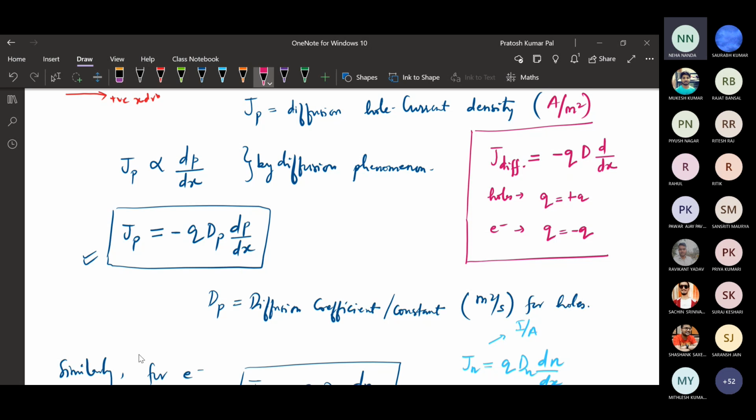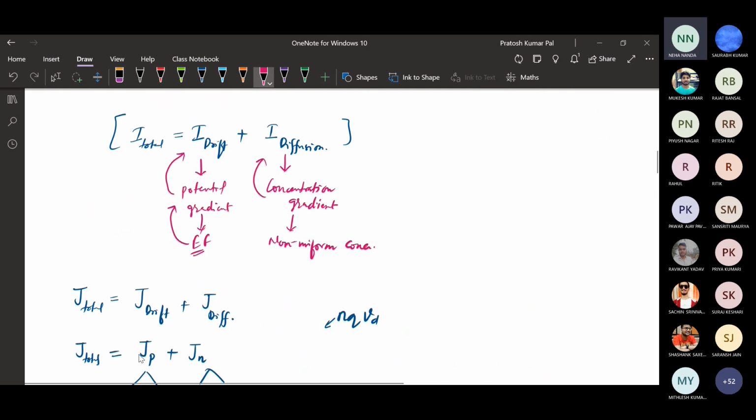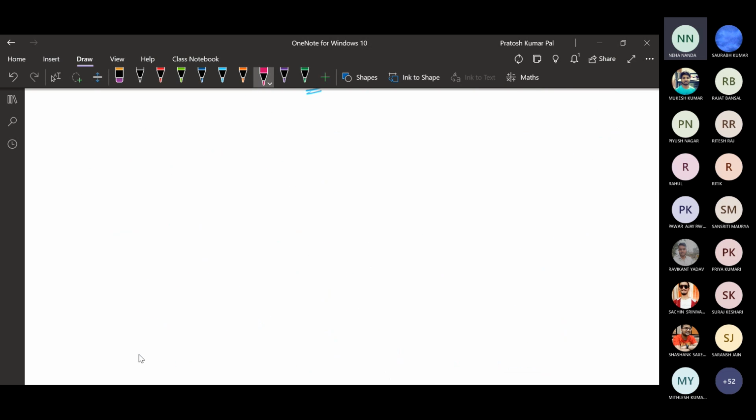And in case of electrons, if we want to find out the current density, we will be replacing this q with minus q. So overall it will be positive in case of electrons, and in case of holes it will be negative.